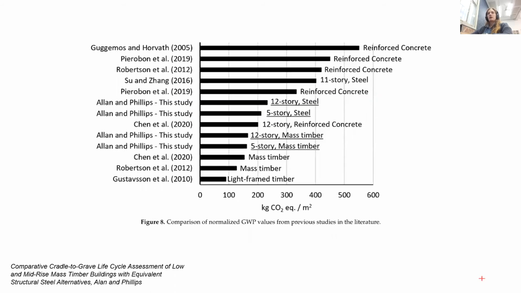Here's another chart, which is just showing some GWP studies of multiple different kinds of buildings, where you see a tall steel or reinforced concrete building comes in a lot higher than your 5 and 12 story mass timber building, or even your light frame timber building, just to understand the range of carbon equivalents for different constructions.